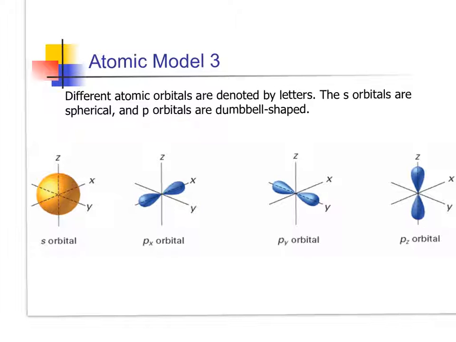Now the p sublevel has 3 orbitals. We can see the little dumbbells here, and you can see that it goes on the x-axis, the y-axis, and then on the z-axis. That's what makes it three-dimensional.